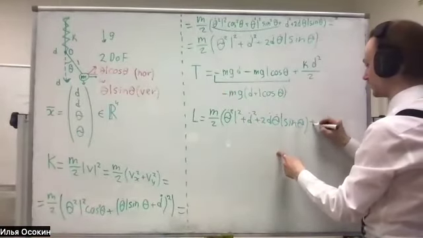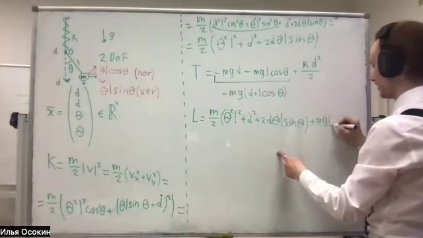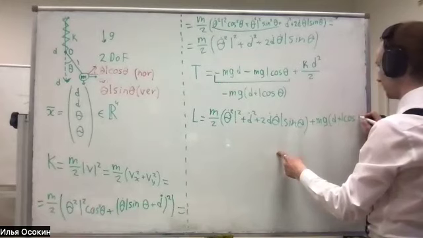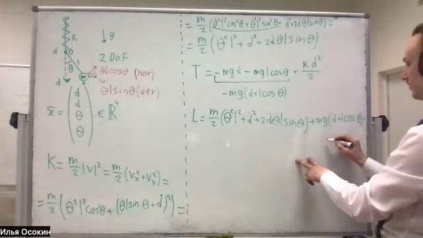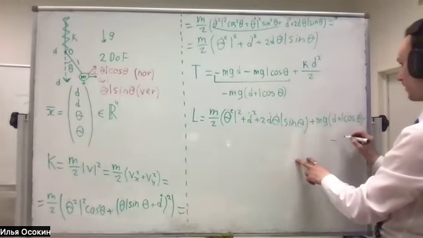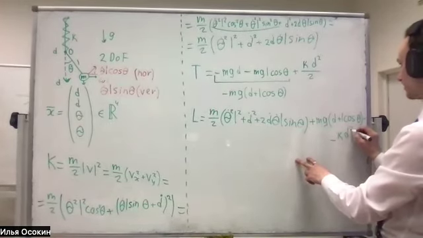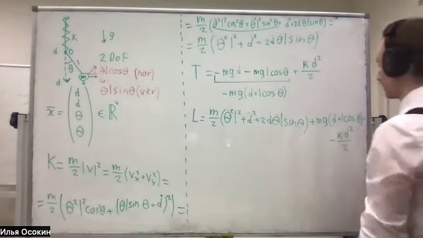So it's plus m g times d plus L cosine theta, minus, there's a little addition that didn't fit, so minus k d squared over 2.